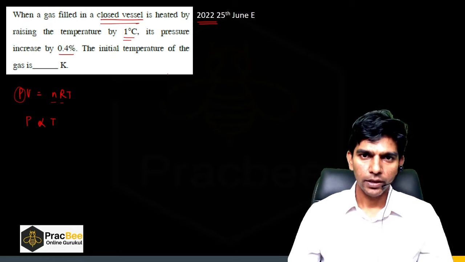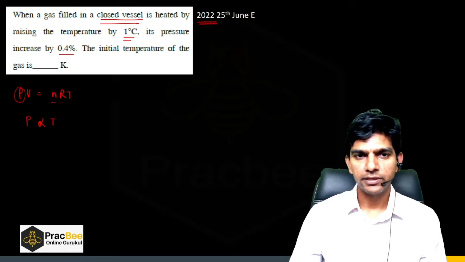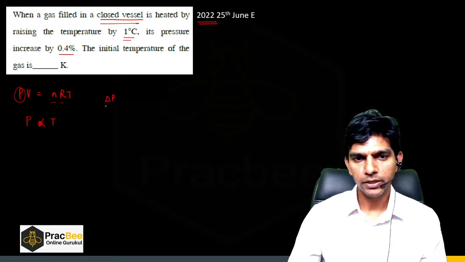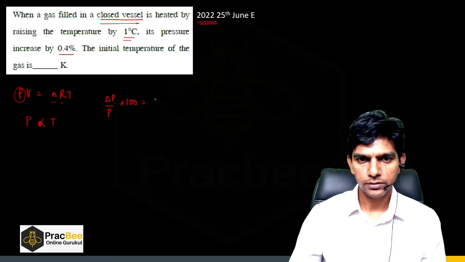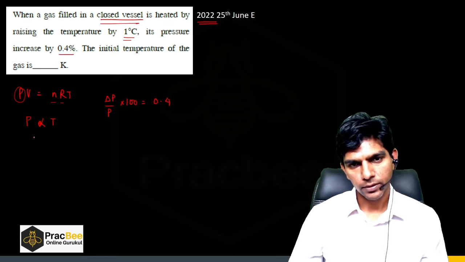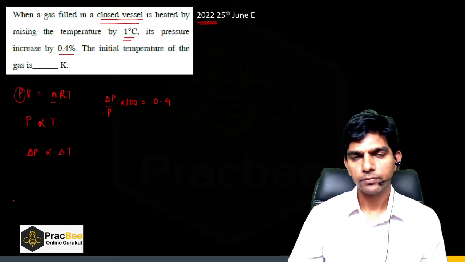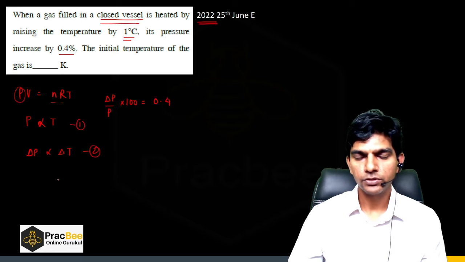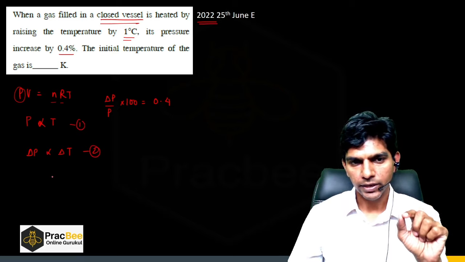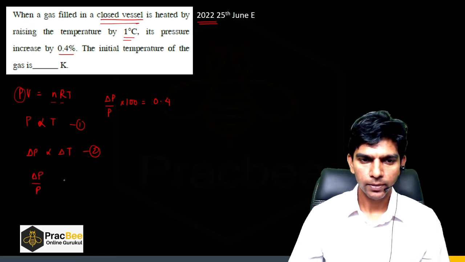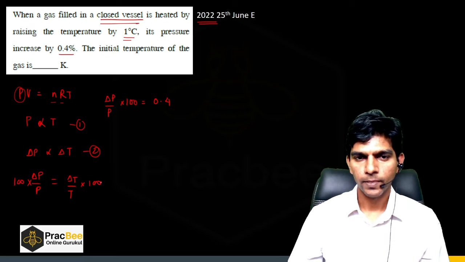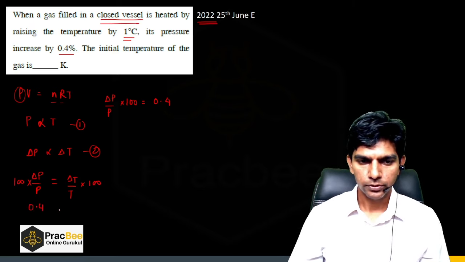We have been given the percentage increase in the pressure. So we can say delta P by P times 100 is 0.4. From the proportionality, the change in pressure will be directly proportional to the change in temperature. This is the first equation, this is the second equation. If I divide the second equation by the first equation, we get delta P by P equals delta T by T. If I multiply both sides by 100, the left-hand side is nothing but 0.4.